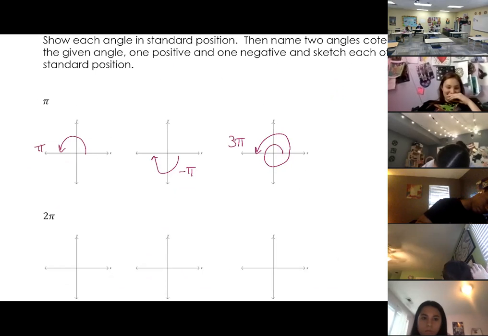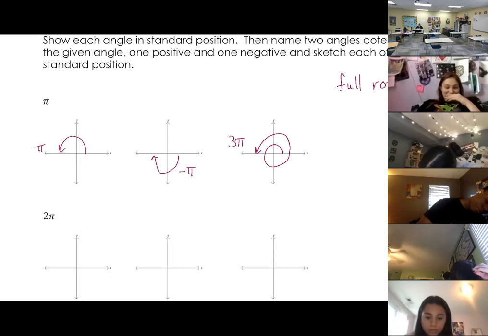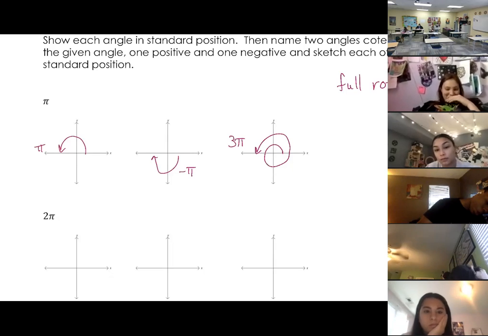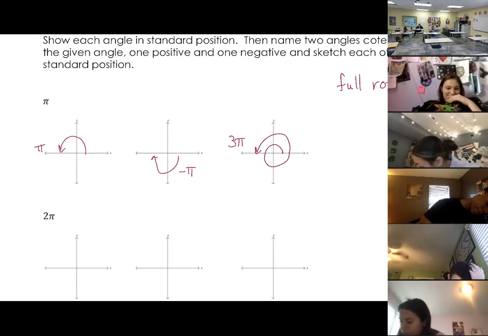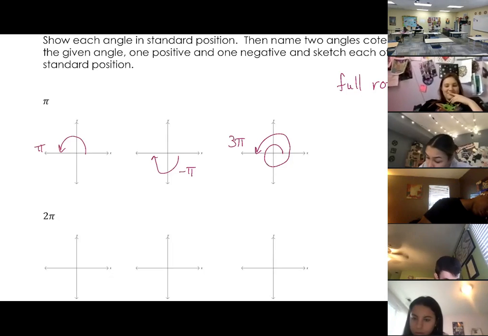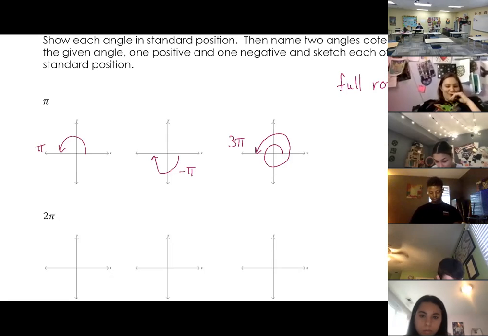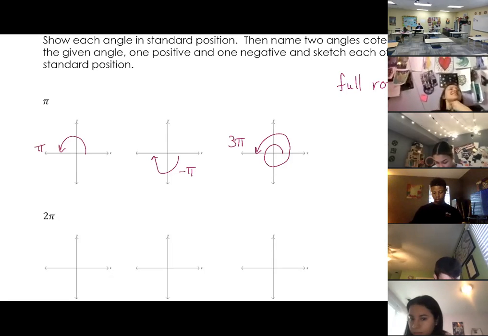What's a full rotation? A full rotation in radians is 2 pi, right? Just like in degrees, I would add or subtract 360 because that was a full rotation. For radians, if I want a coterminal angle, I can add or subtract 2 pi.